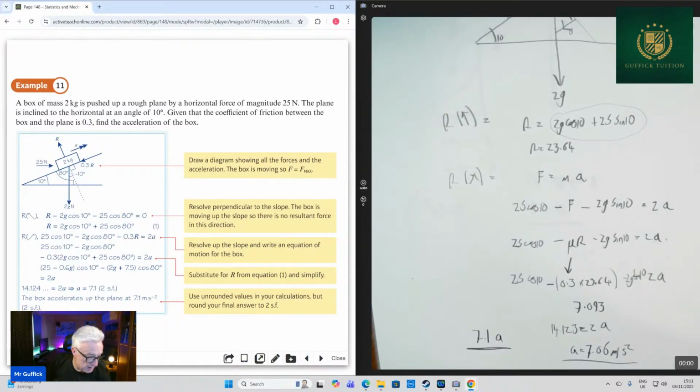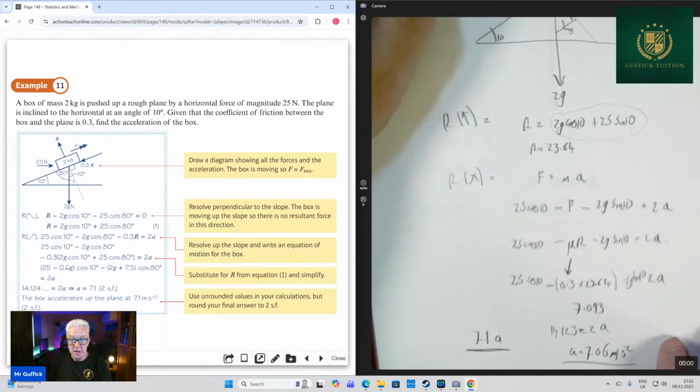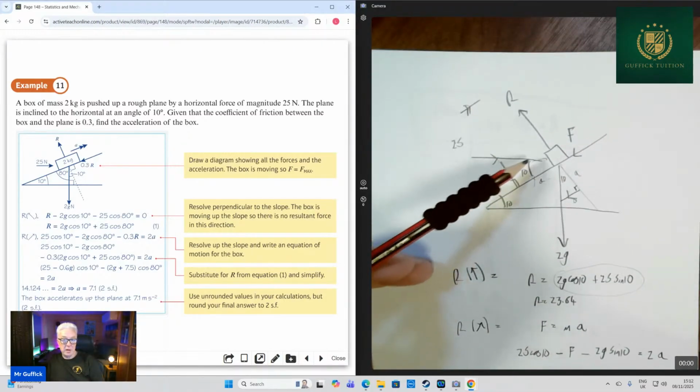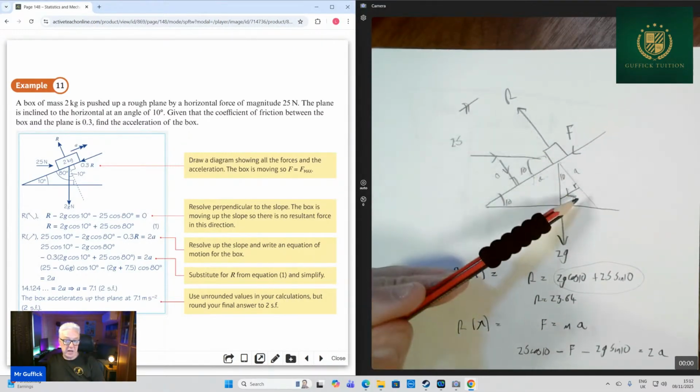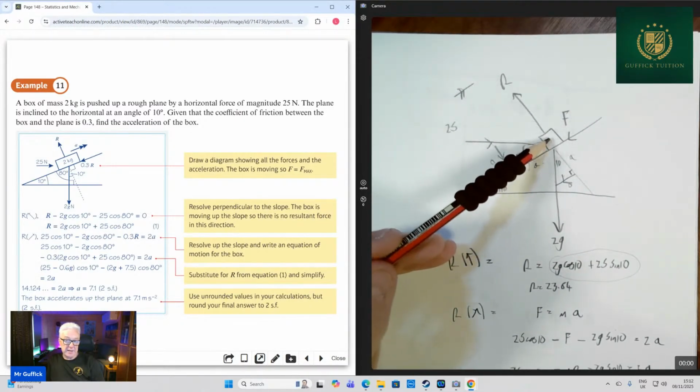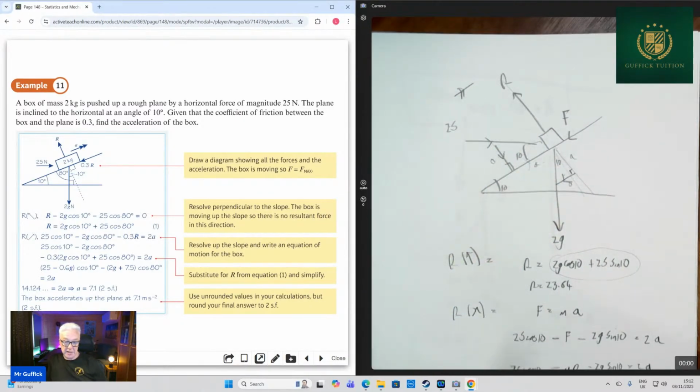SV, you've got a question. How do you know when to equal the equation to 0 and when not? Okay, SV, the answer to your question is this: it depends on whether it's moving. So when we resolved perpendicular to the plane, it was in equilibrium, which basically means that the forces acting that way equal the forces acting that way.